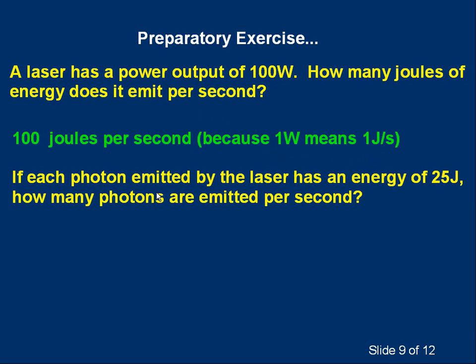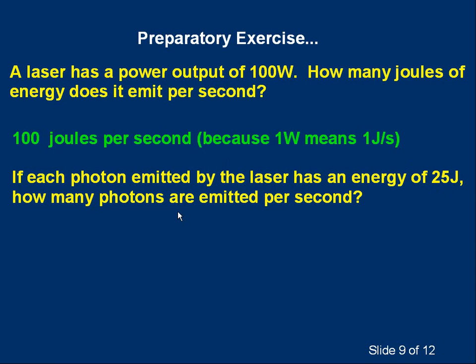Next question. Let's just suppose that each photon emitted by the laser has an energy of 25 joules. That's a ridiculously large amount, but it makes the method easier to understand. Each photon carries 25 joules, and the question for you is, how many photons are emitted per second from the laser?